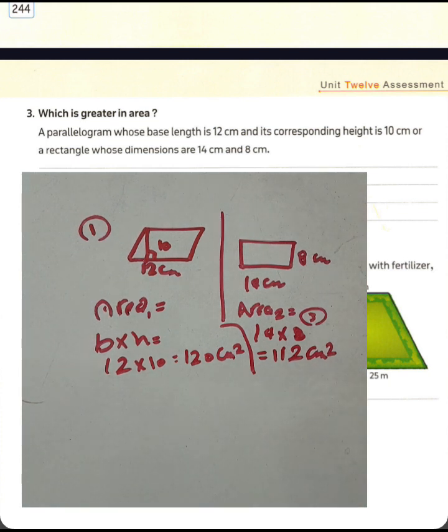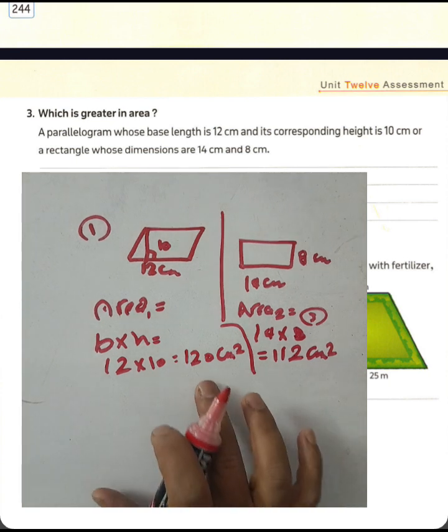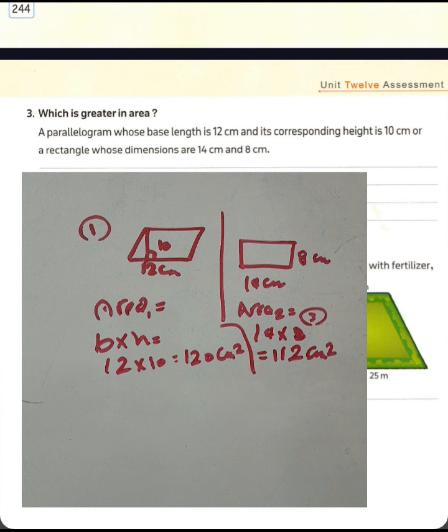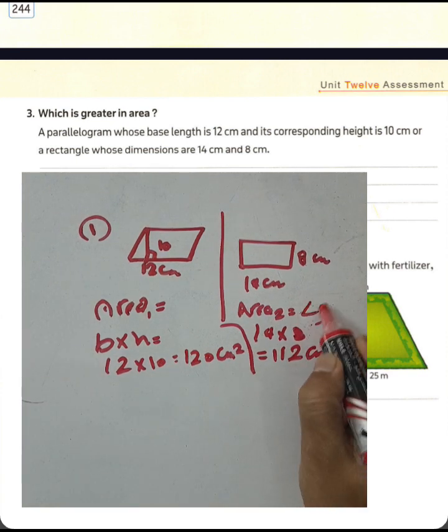Okay, which is greater in the area? The area of the parallelogram is greater than the area of the rectangle. Understood? We used here the area, length product by width.